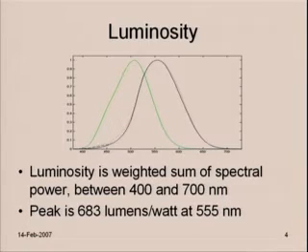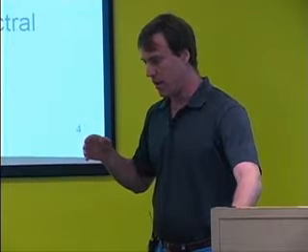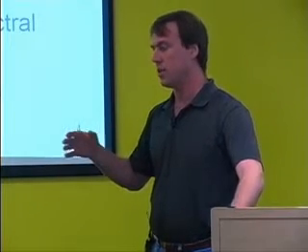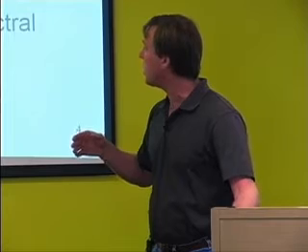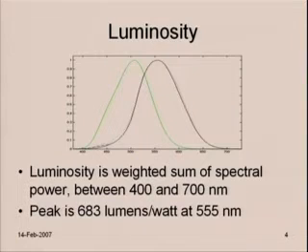But before I really start cheating, to give you a better idea of how luminosity is actually defined: your eyes are more sensitive, as I think Dick talked about in the first lecture, to wavelengths around green at 555 nanometers than they are to wavelengths either shorter or longer than that. And the total spectrum that you can see ranges from about 400 nanometers to about 700 nanometers. There are two curves here.